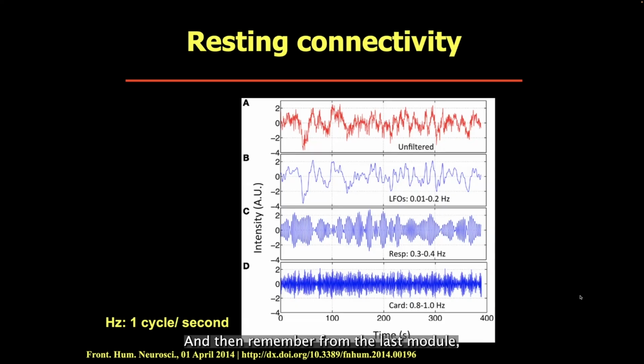If you remember from the last module, the example was a finger tapping task, where you tap your fingers and you stop, and then you look at blood flow going to some parts of the brain because they're aligned with the task, compared to some baseline. In this case, there's no task. The individual is just lying quietly in the scanner, not sleeping, and you turn on the scanner and begin collecting data. And the A here is just the BOLD signal that you've seen several times in these slides.